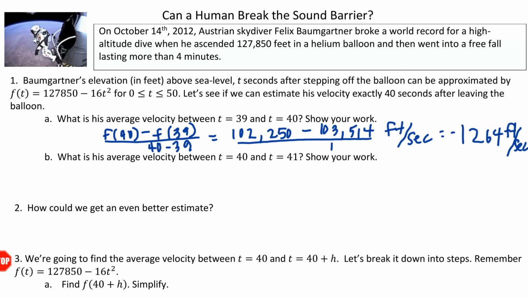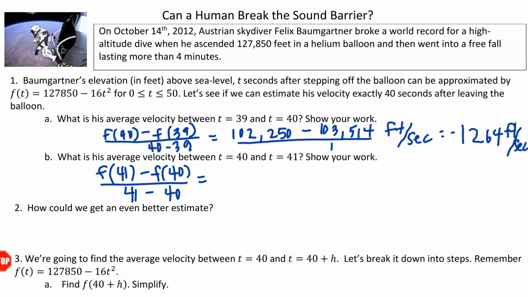Okay. What is his average velocity between t equals 40 and 41? We're going higher than 40, and then we went lower than 40 for A. So let's see what happens here. I'll say f of 41 minus f of 40 divided by 41 minus 40.